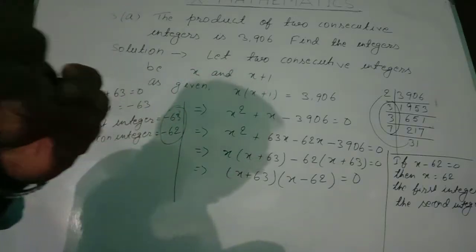So the first integer equal to 62, so the second integer will be equal to 63. So these two and these two should be the answers.